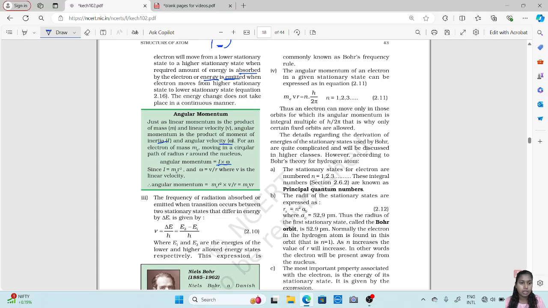Since inertia I is me r square, and omega, the angular velocity, is v by r, where v is linear velocity and r is the radius of the path, angular momentum is equal to me v r. We can use this in the calculation of various problems.